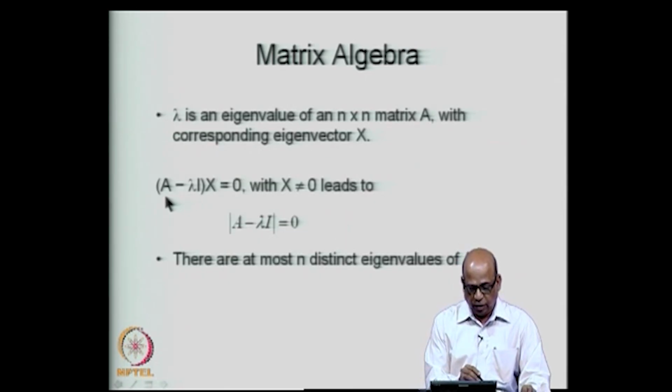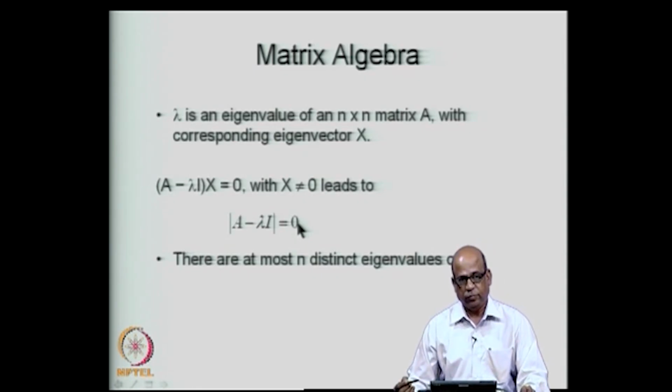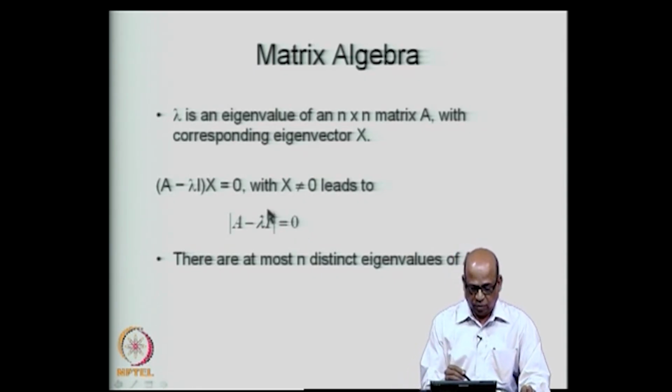Now, if I write A minus lambda I into x is equal to 0 with x not equal to 0, this leads to the determinant of A minus lambda I is equal to 0, and this is how we determine the values lambda.